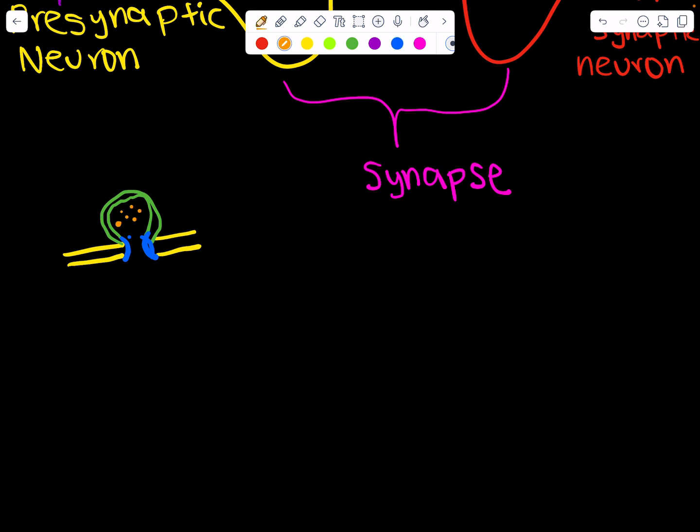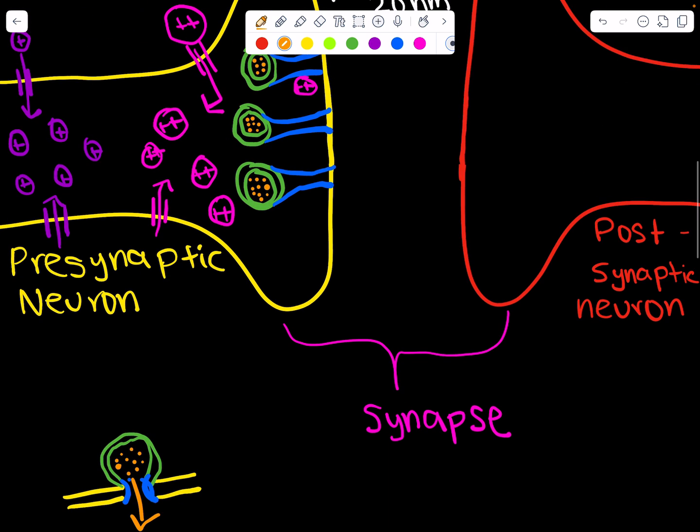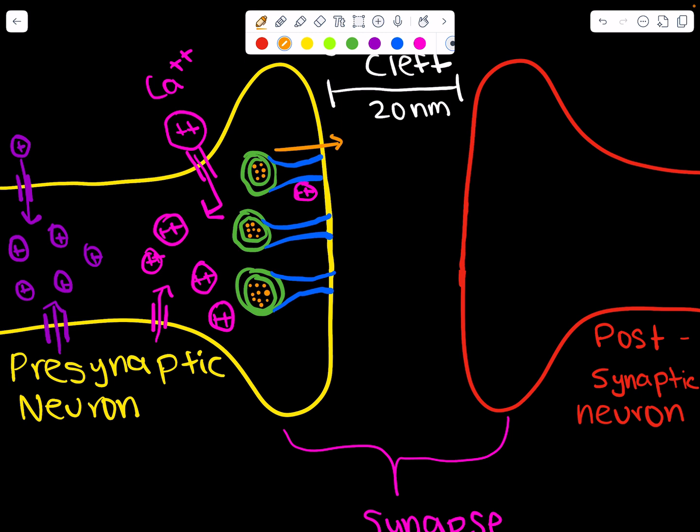And what do the neurotransmitters do? They do their job. Go outside the neuron, the axon terminal, into the synaptic cleft. So now, the neurotransmitters go into the synaptic cleft.